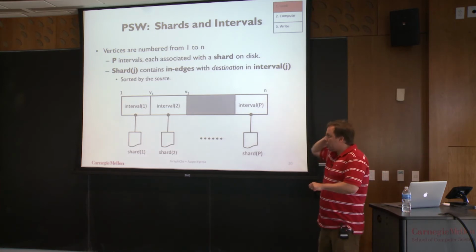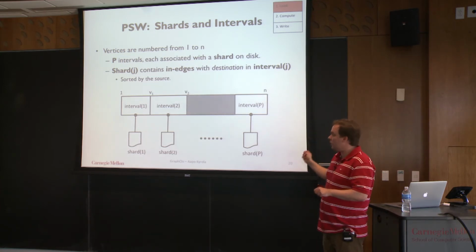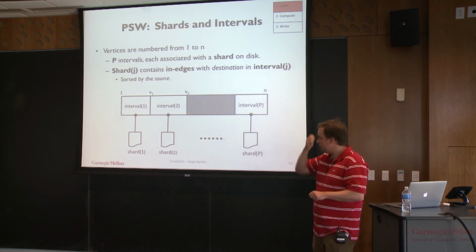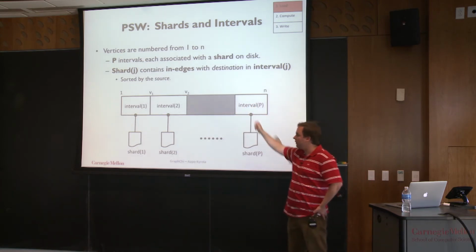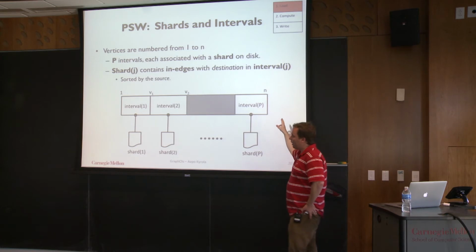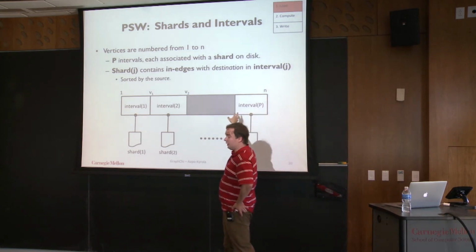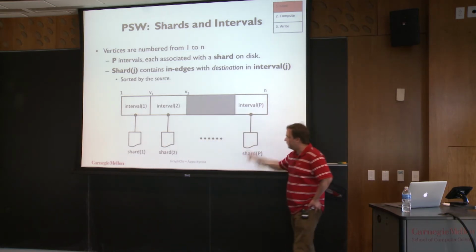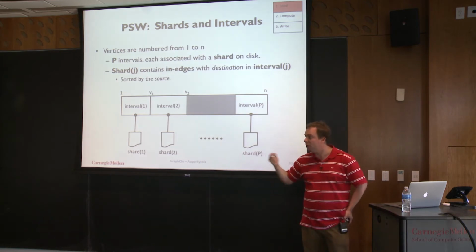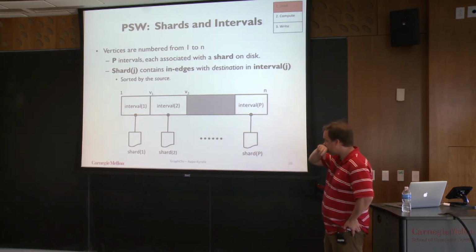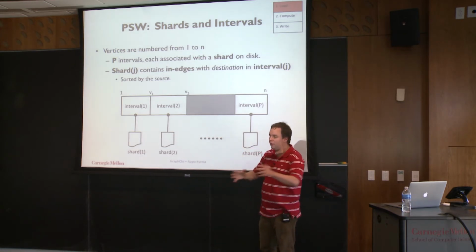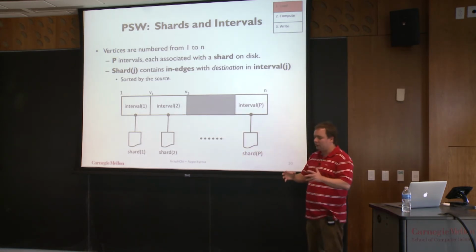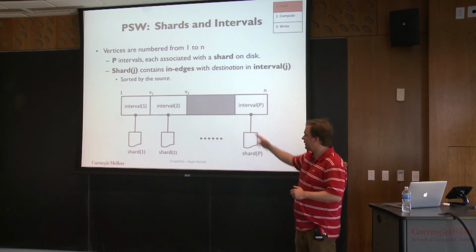Now, let's first talk about how we actually define these subgraphs and how they are loaded. Let's say we have vertices numbered from 1 to n, and we divide this range of 1 to n into p intervals. And these intervals don't need to be of the same size, generally they are not. For each interval, we associate a shard, and a shard is a file on the disk which contains all the in edges of these vertices.